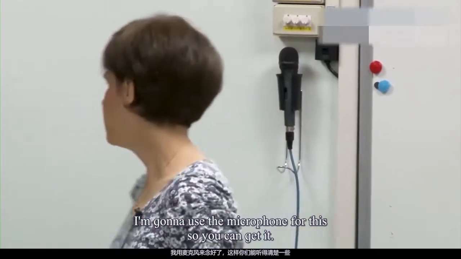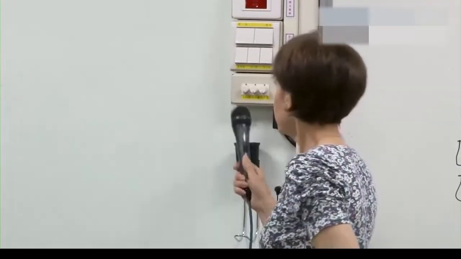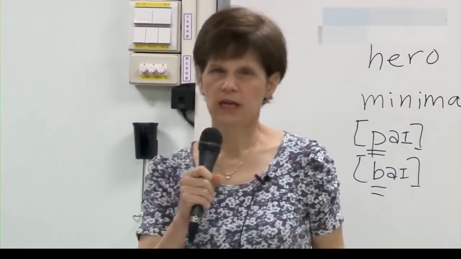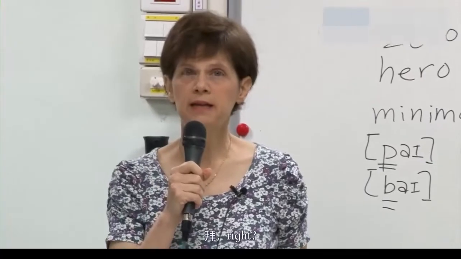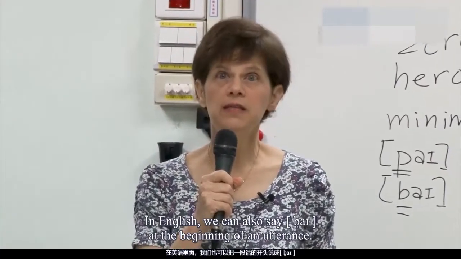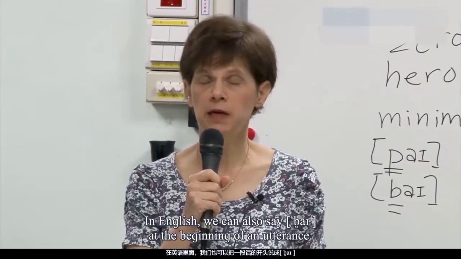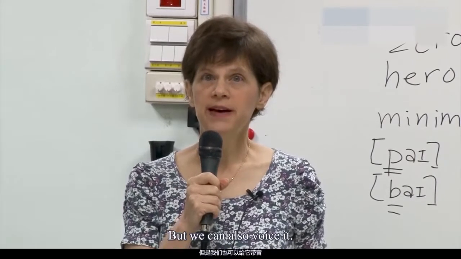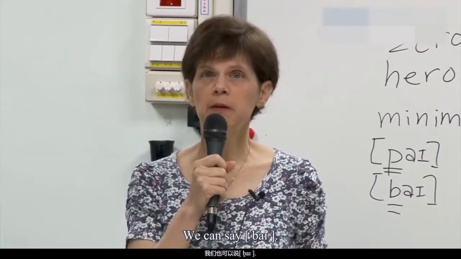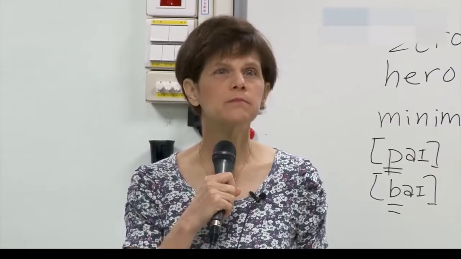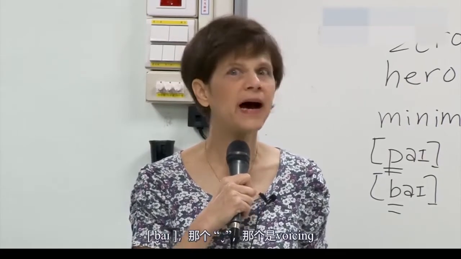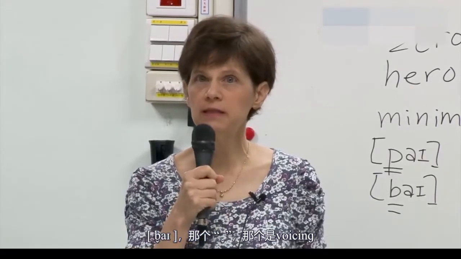I'm going to use the microphone for this so you can get it. Okay, this is the Chinese. Bye. Right? In English, we can also say bye at the beginning of an utterance. But we can also voice it. We can say bye, bye. You hear it? Bye. 那个是 voicing.